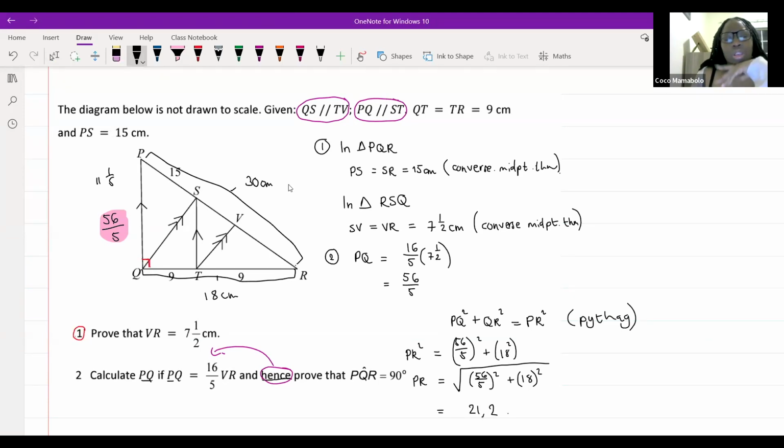It's supposed to give us 30 centimeters, unless we've done something odd, which I don't think we did. 106 over 5 is still going to give us something like 21 and 1/5. Okay, it doesn't give us 30. I'm going to go and find out why that is.